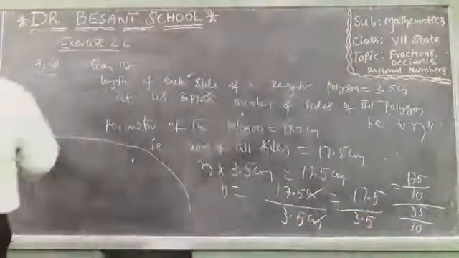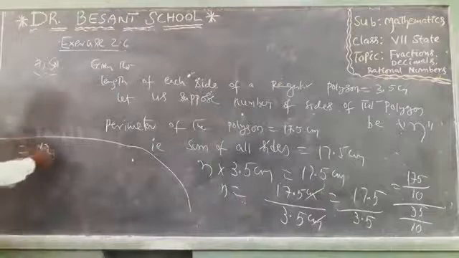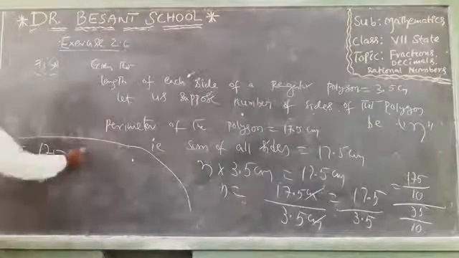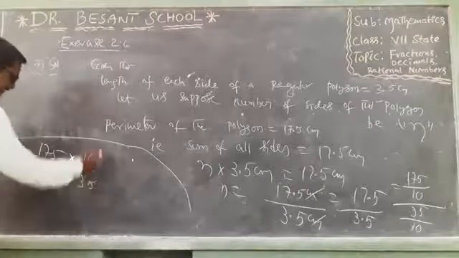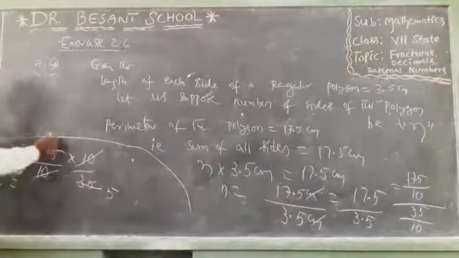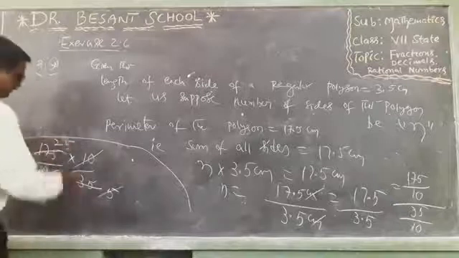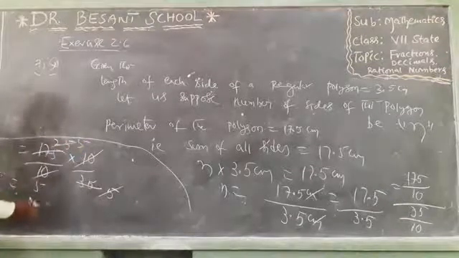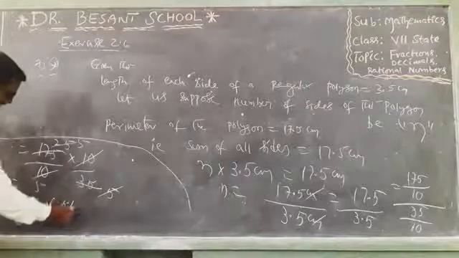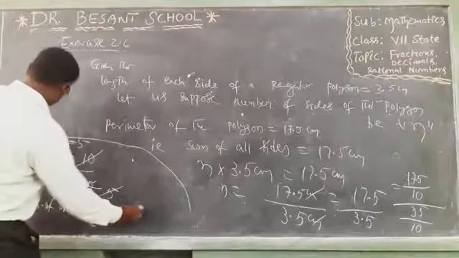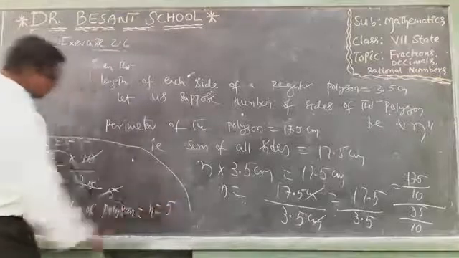I am doing the simplification here. That is 175 by 10, and the denominator is 35 by 10. Later it becomes 175 by 35, as the 10s cancel. 7 5s are 35, 7 2s are 14, 7 5s are 35, 5 5s are 25. So 5. Therefore, the number of sides of the polygon is n equal to 5.